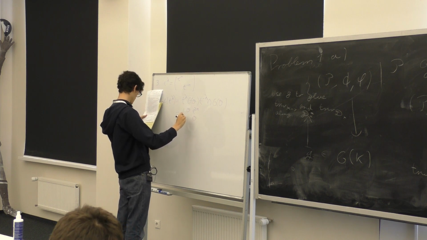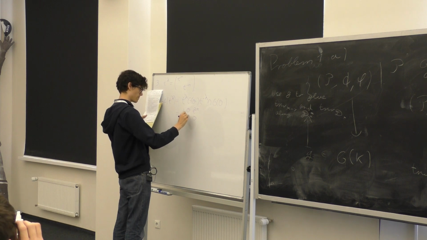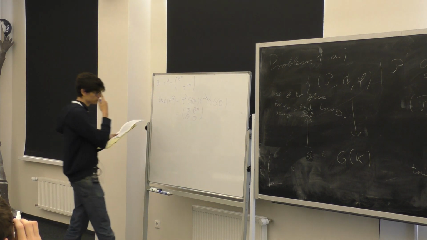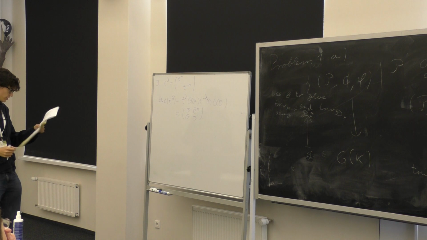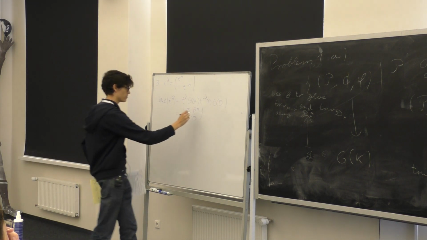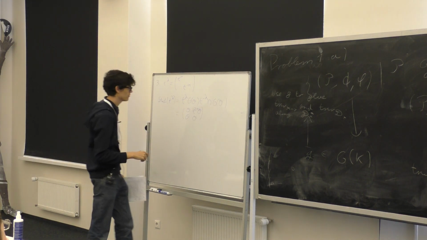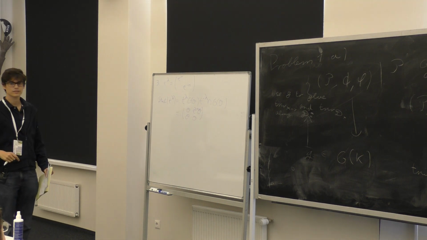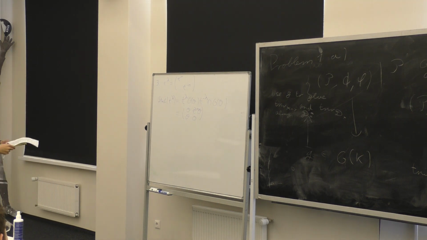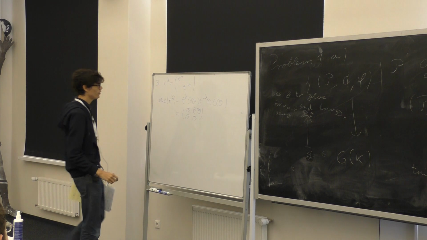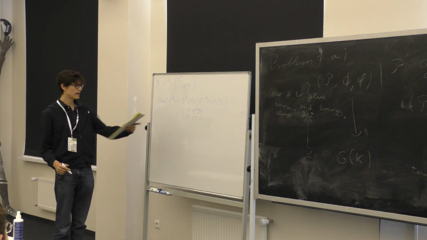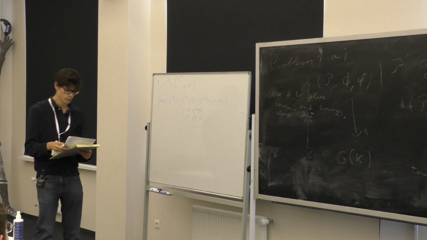Yeah, something like this. Is this correct? Maybe it's the other way around. Something like this. Okay, so then we need to try to understand how this acts on the fiber of L0.